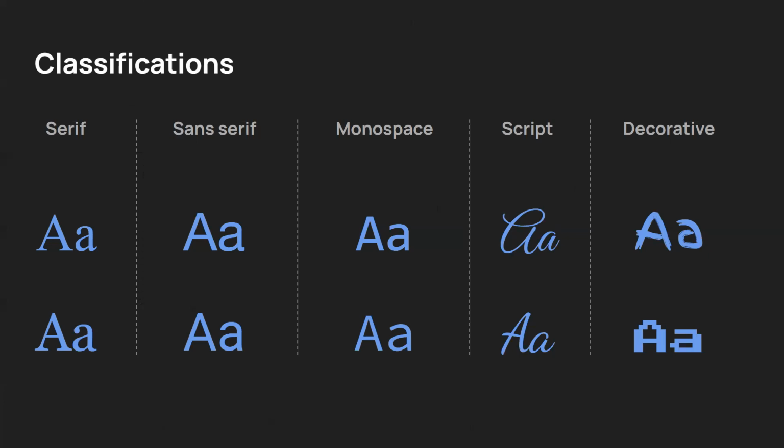All right, so we also have classifications for typography. First, we have serifs. You can differentiate them based on the legs you see on the bottom and some of the ends of the letters. And sans serif, they're different because they don't have those legs. Hence the name sans serif. It just means without serifs. Monospace, this is another category.